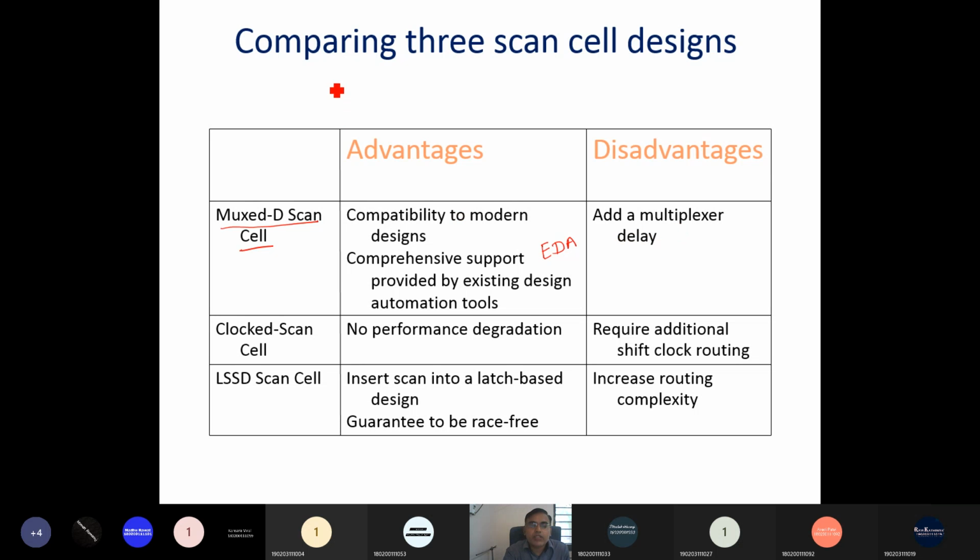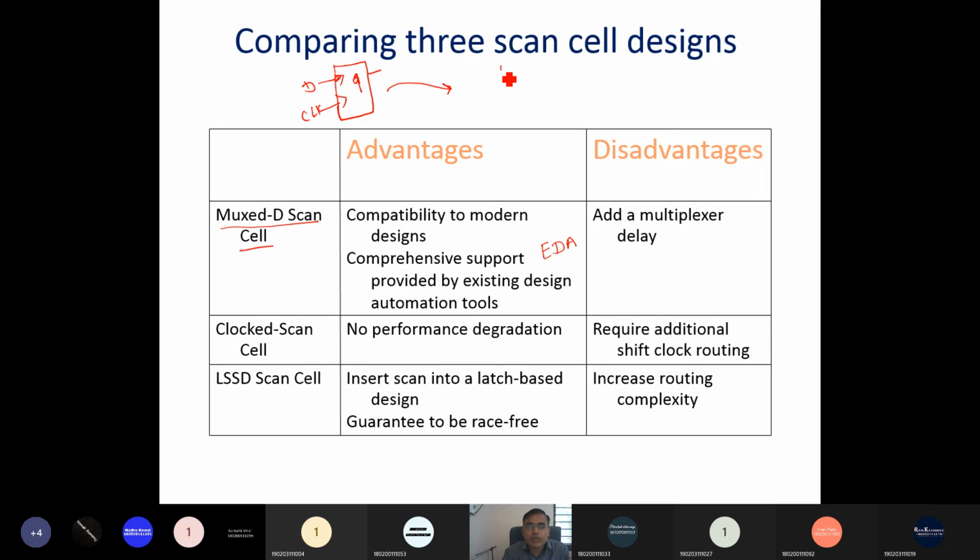So if you look at a simple flip-flop, and when we convert it into a scannable flip-flop, suppose this is a simple flip-flop, with data, the clock and the output. When we add DFT logic in the design, it converts this simple flip-flop into a scannable flip-flop.